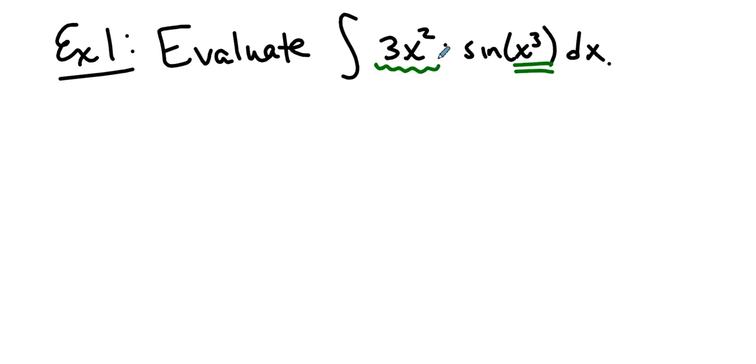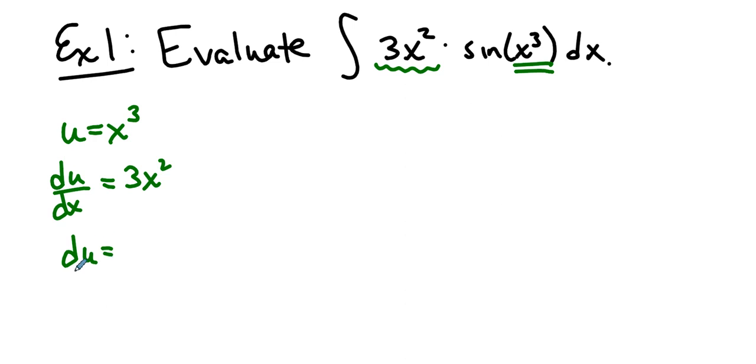So maybe we let u be x cubed. Well, that's fine. If u is x cubed, then the derivative of u is 3x squared, which means that the du piece is 3x squared dx.